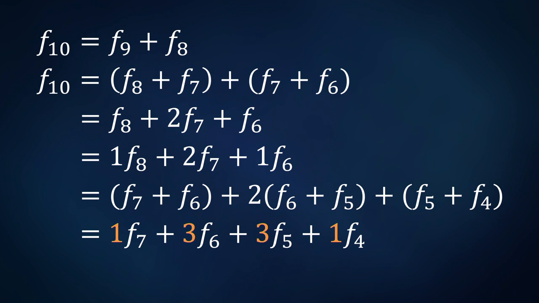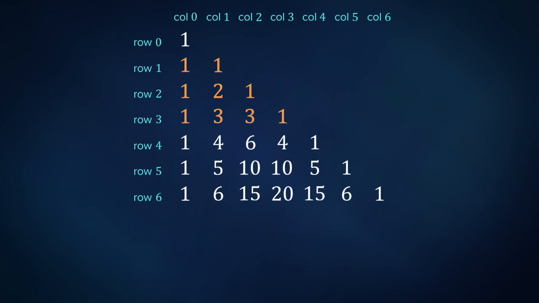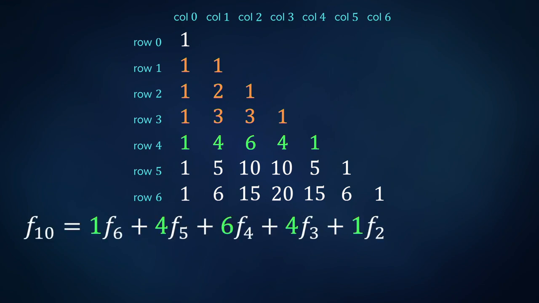You see the pattern, right? The coefficients are 1, 1, then we had 1, 2, 1, and then we have 1, 3, 3, 1, and these are rows 1, 2, and 3 of Pascal's triangle. The next row is 1, 4, 6, 4, 1. And indeed, when we apply the leapfrog rule to each term in our equation, we have that f10 is 1 f6 plus 4 f5 plus 6 f4 plus 4 f3 plus 1 f2.